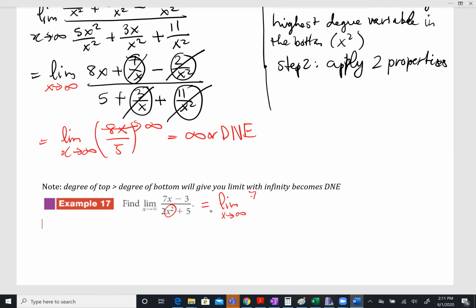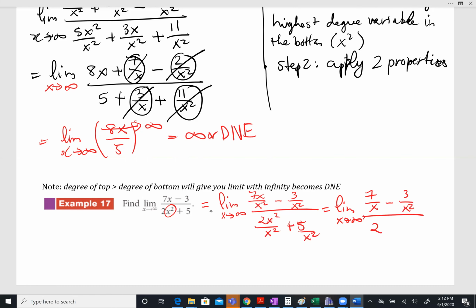So I have 7x over x squared minus 3 over x squared, over 2x squared plus 5 over x squared. Easily you can notice that you can simplify it, and it becomes 7 over x minus 3 over x squared, over 2 plus 5 over x squared.